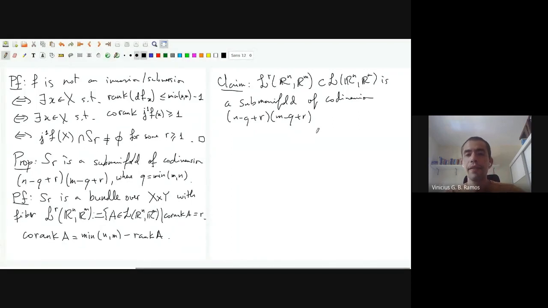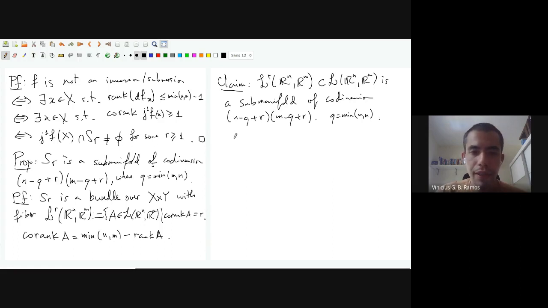All right. So, the Q again, of course, is the min between M and N. Okay. So if we believe this claim, if we know that this fiber is a submanifold of this codimension, then that will imply that SR is a submanifold of the jet space of this codimension, right? Because this is clearly a subbundle.